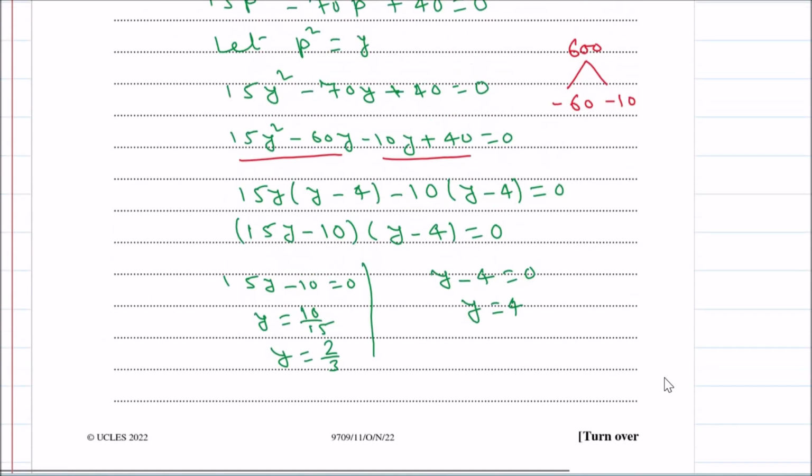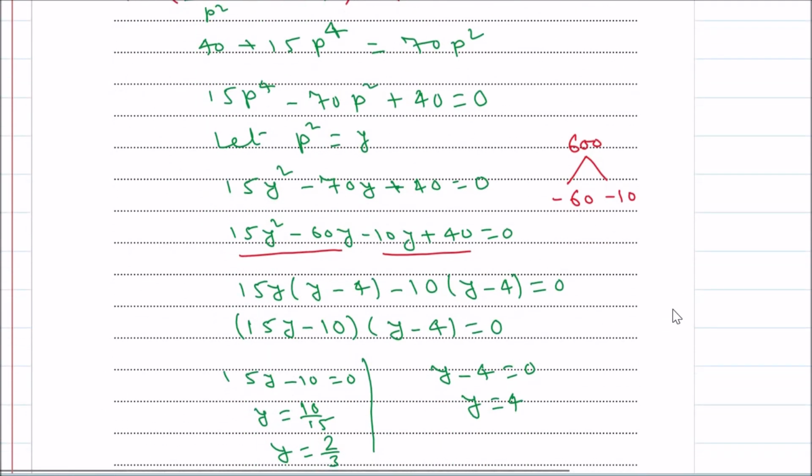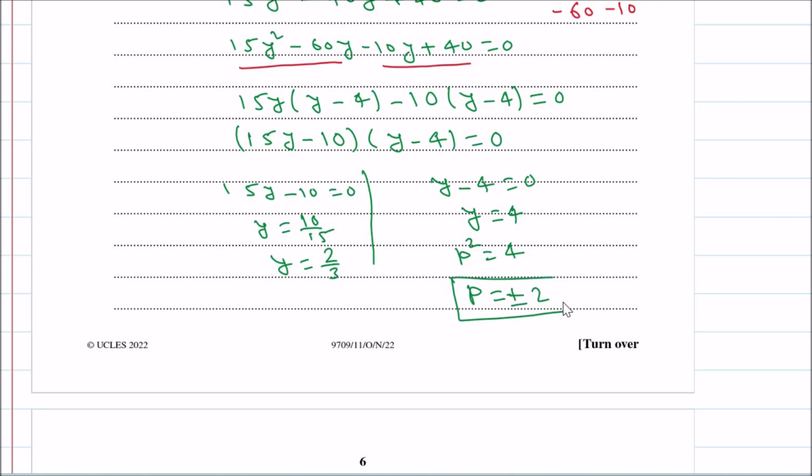We got y, but y we have taken for p square. So put here p square equal to 4, so p equal to plus minus 2, and here p square equal to 2 by 3.